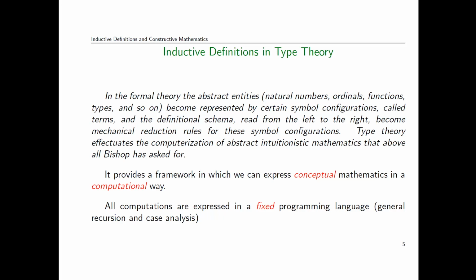What is interesting is that all computations are expressed in a fixed programming language. When you analyze what the programs are that represent these abstract entities, it's a fixed functional programming language with general recursion and case analysis. I think even the example that Peter presented yesterday, with very complicated inductive definitions, can be represented in this language since it was represented in Agda.